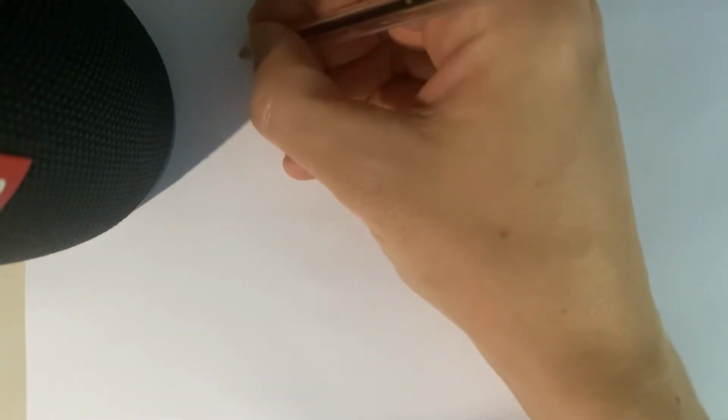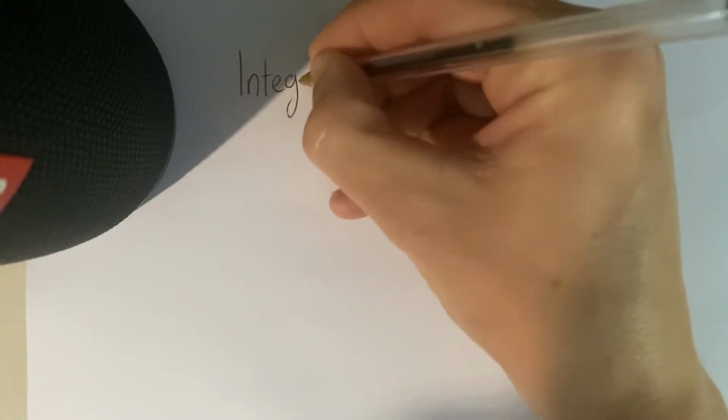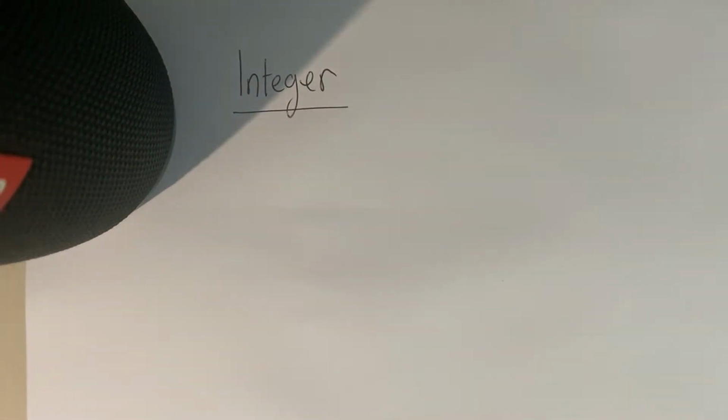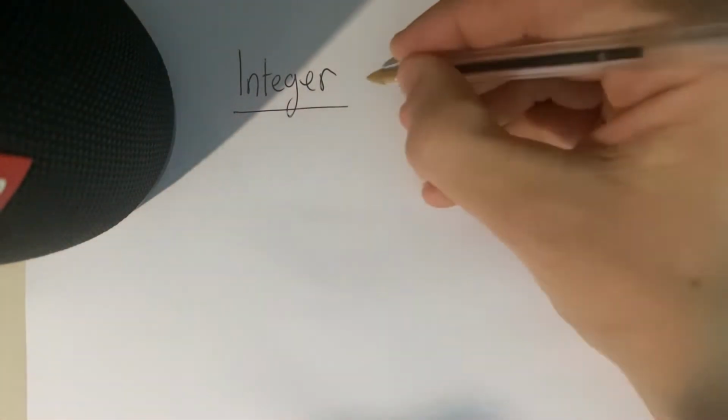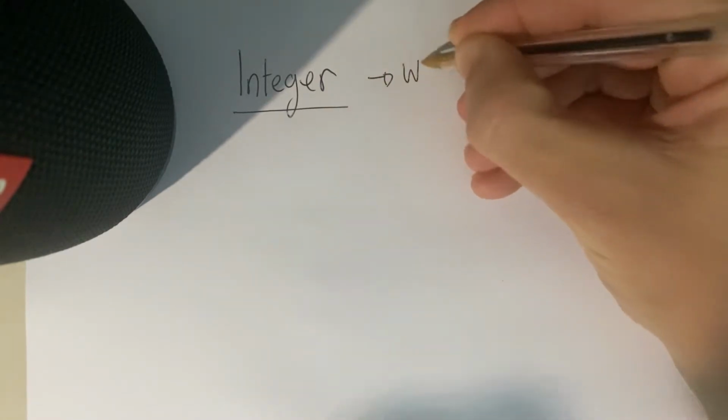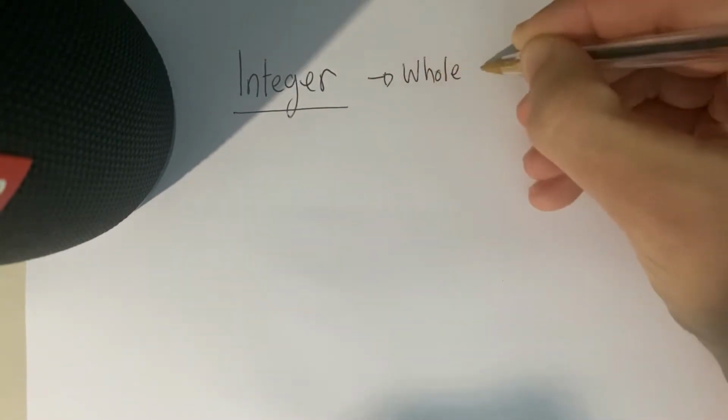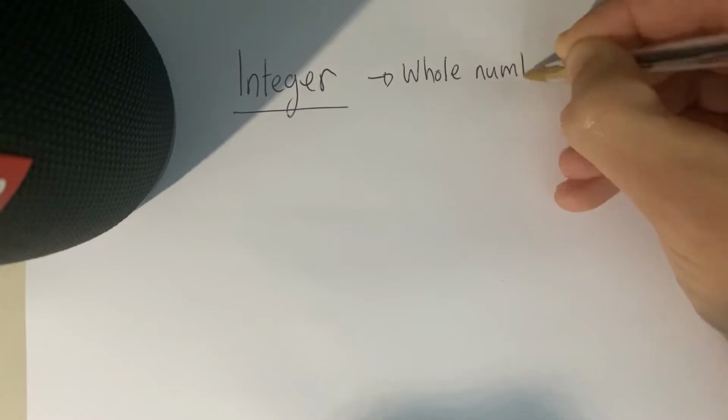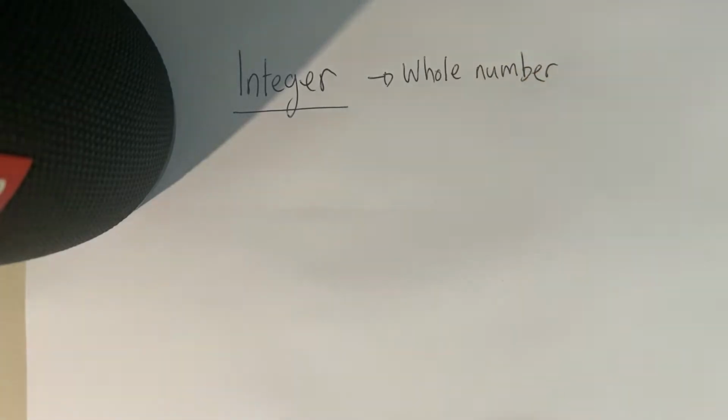As I said, this video is largely about just understanding some terminology. I'm going to start off with the word integers. This refers to a whole number. These can be positive or they can be negative. They can even include 0.